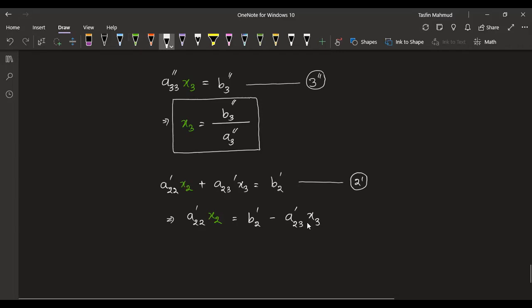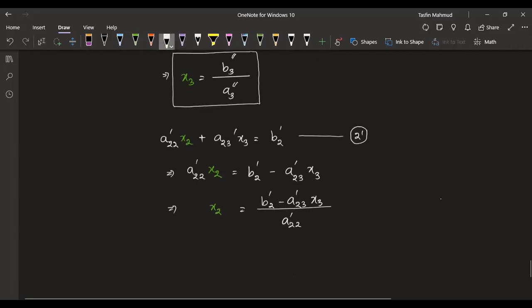From here we can easily calculate the value of x2. x2 would be equal to b2' minus a3' x3, divided by a2', right? So that would be the value of x2.